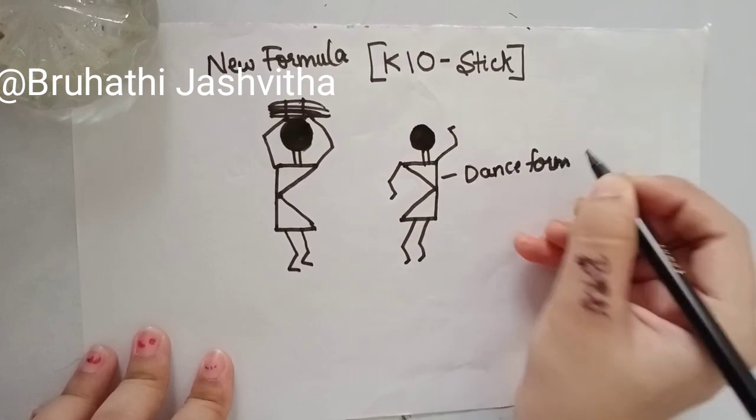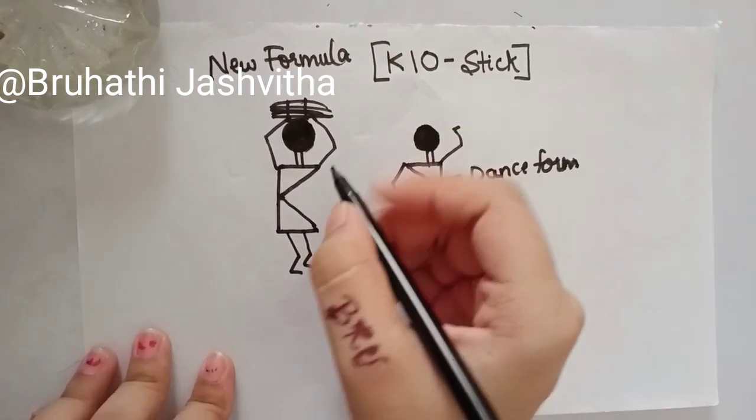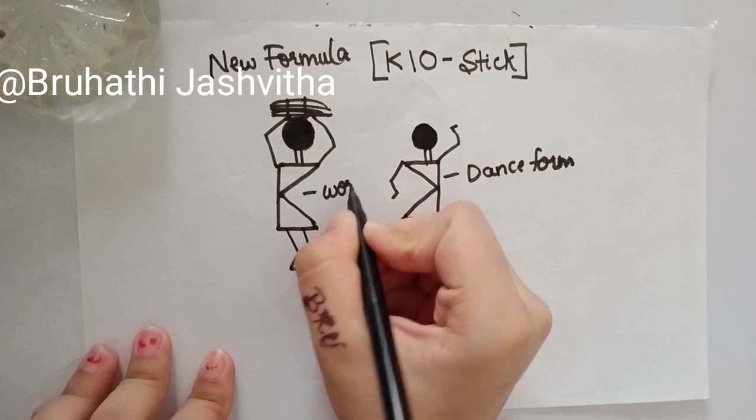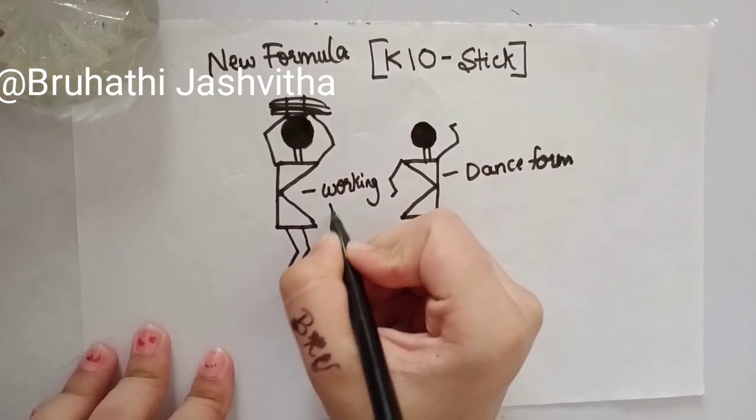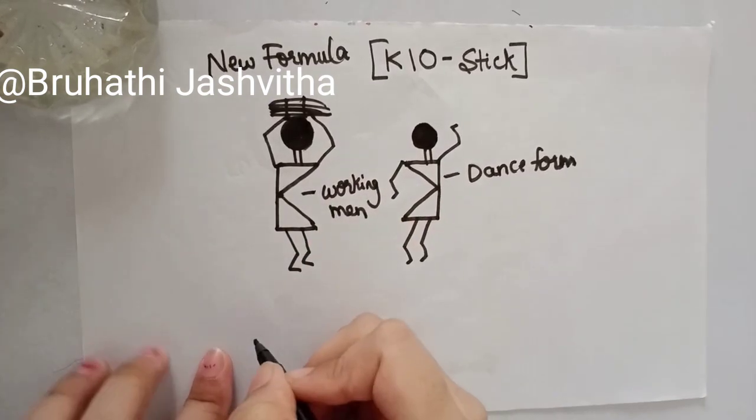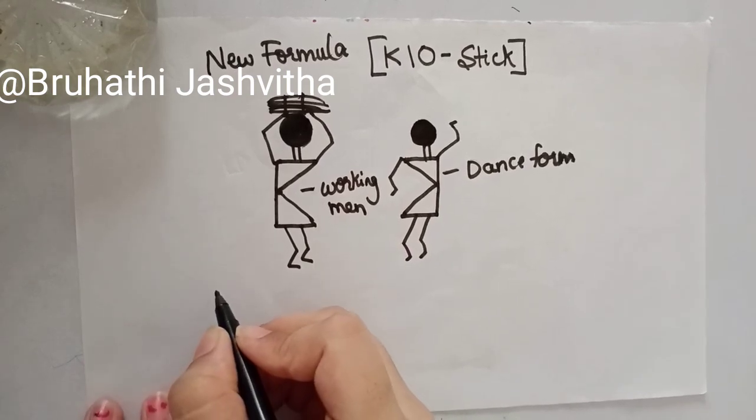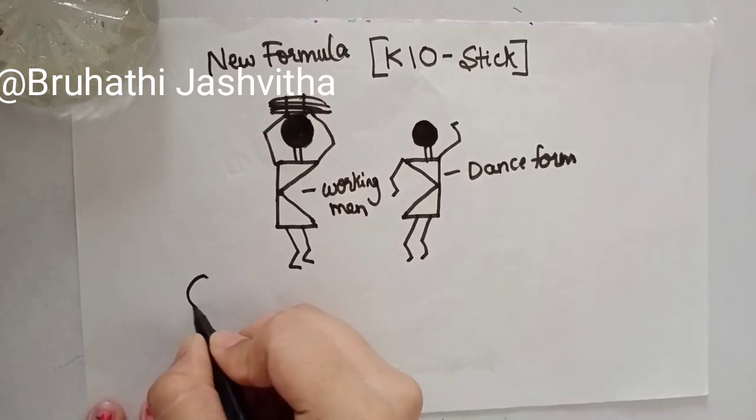This is the dance form Warli figure. This is a working man. Now let's do the woman in the Warli form.